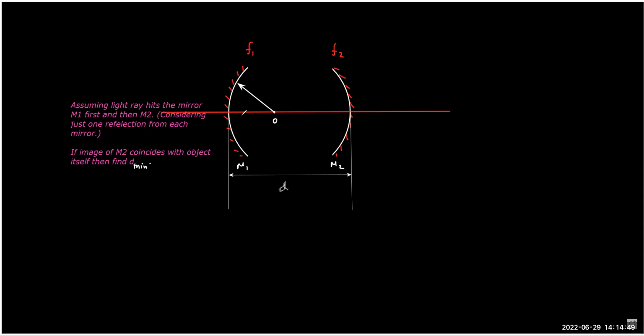If that is the case, then any light ray traveling from this point O will become parallel, because if a parallel light ray converges at the focus, then by the principle of reversibility of light, any light ray which begins from the focus must become parallel to the principal axis, like this. And it must come back to O, which means O must be the focus of M2 also. Then only it is possible.